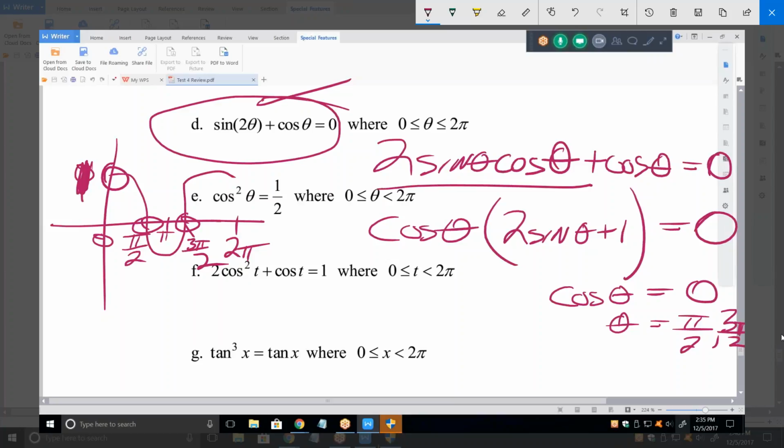Cosine is equal to 1 at 0, it's equal to 0 at pi over 2, it's equal to -1 at pi, and at 3 pi over 2 it's back to 0, and then at 2 pi it's back to 1. So there are two places on that curve where it's equal to 0, and that's pi over 2 and 3 pi over 2. So that solves that part. Now let's solve this part.